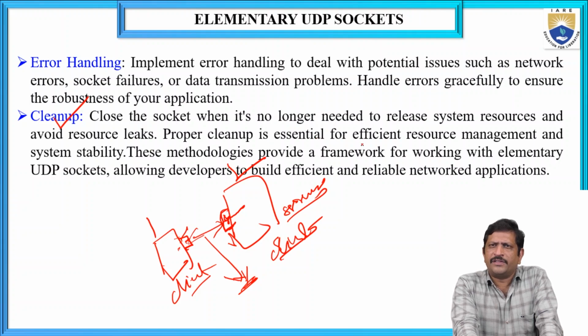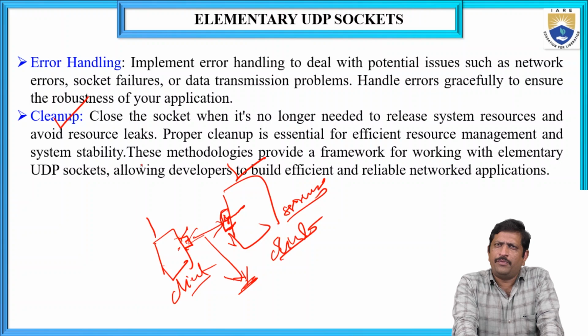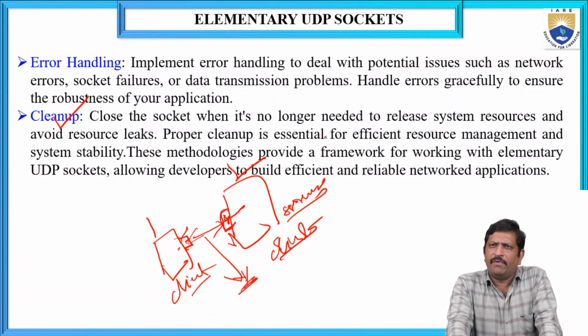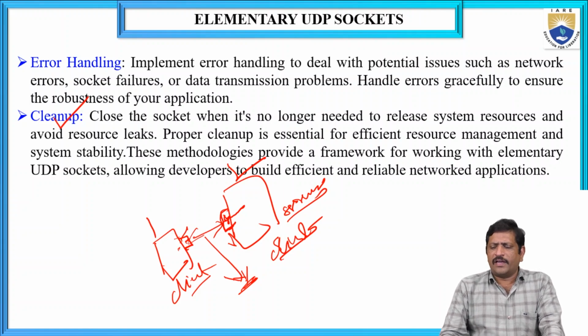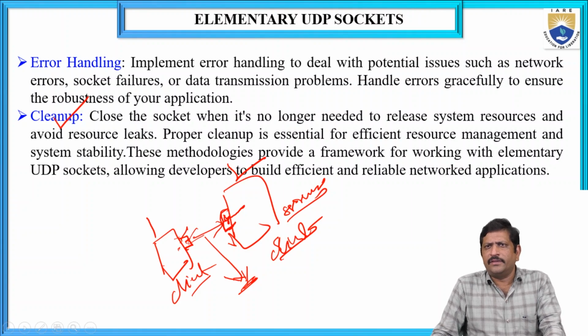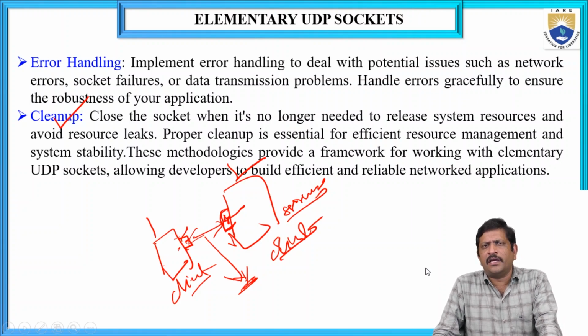Proper cleanup is essential for efficient resource management and system stability. These methodologies provide the framework for working with elementary UDP sockets, allowing developers to build efficient and reliable network applications at both the client side and server side.